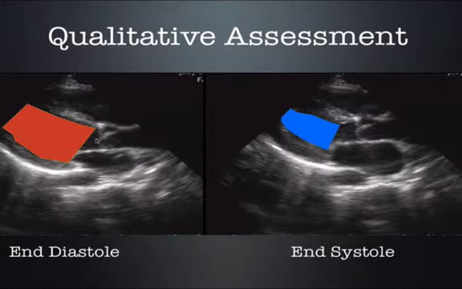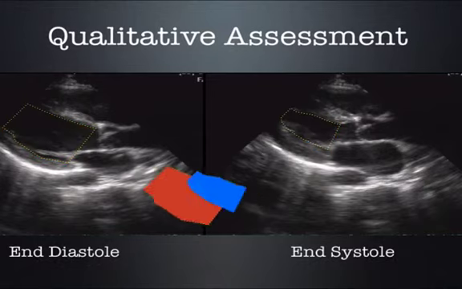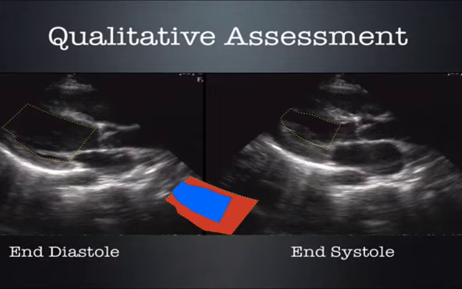All right. So I've frozen the two images here, and I've mapped it out for you. This is end diastolic volume, and this is end systolic volume. So if you overlay these, there's approximately a 50% change in volume. So this is a roughly 50% ejection fraction. If I'm off a little bit, it really doesn't matter clinically.